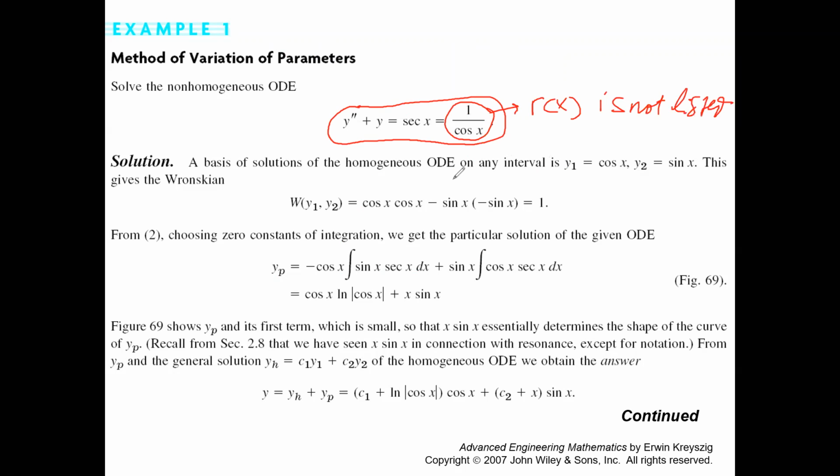So what we do is, of course, find the homogeneous solutions first. y double accent plus y equal to 0. Then that will be lambda square plus 1 equal to 0, so lambda equal to plus minus i.